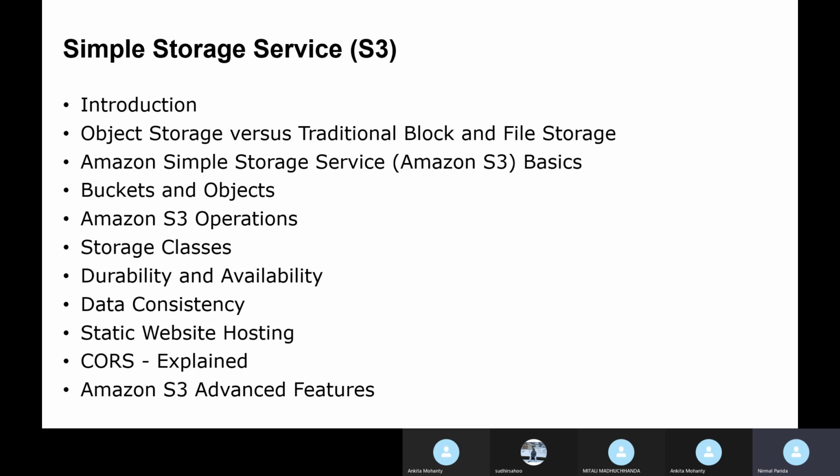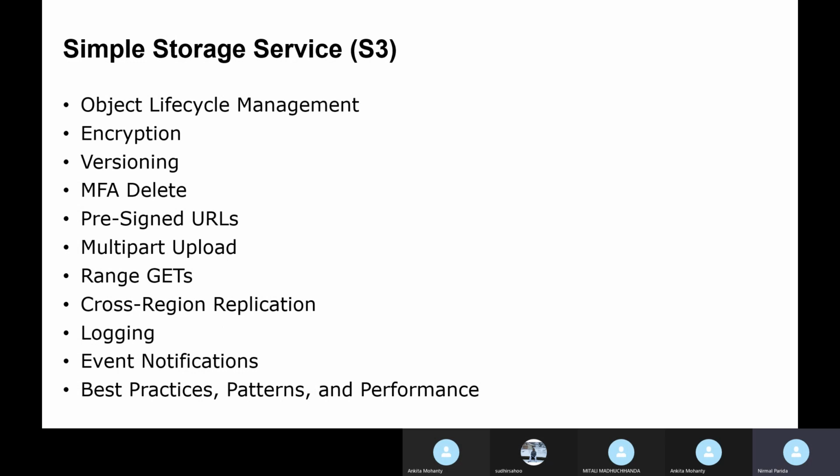Then we'll see what is CORS, then all the advanced features of S3, then object lifecycle management, data encryption in S3, versioning in S3, MFA delete in S3, then pre-signed URLs, multipart uploads, range gets, and we'll see how to replicate your S3 buckets through cross region, then logging, event notifications, then we'll see best practice patterns and performance of S3.